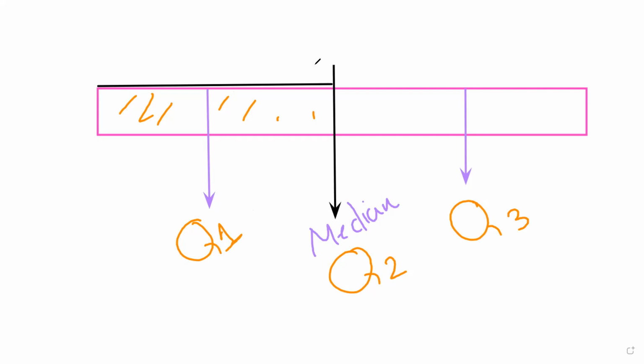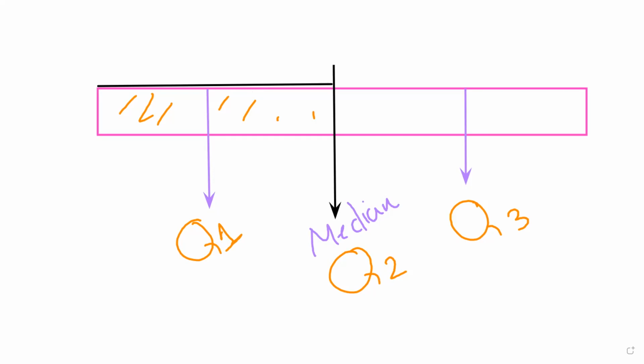To find Q2, it's very easy. I take the bar of chocolate and cut it in half. Then the second step, I take the first half that I have and cut it in half. And the second half, I cut it in half.